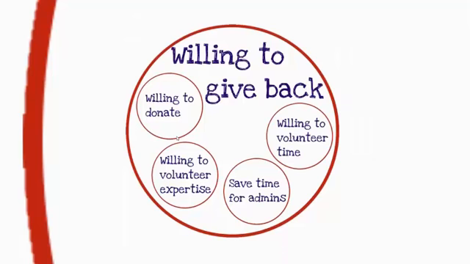The interesting thing about the people willing to save time for administrators is that they can do it without even realizing it. Just by logging in and updating their email address and mobile phone number, they are saving time for the administrators, and that's something they do just as part of being involved in an online community.